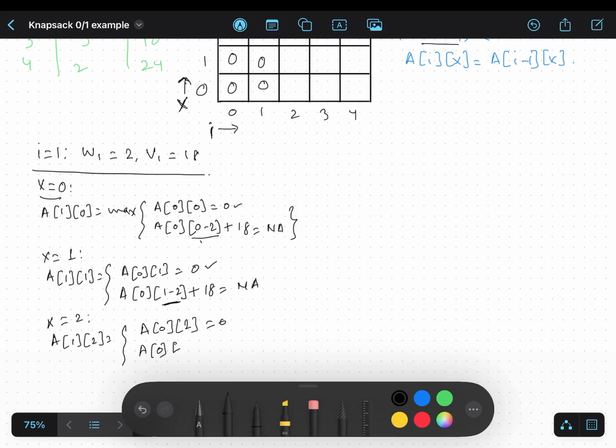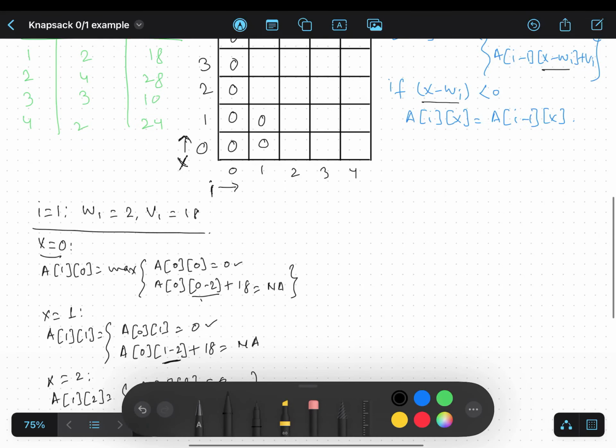X is 2 and W1 is 2. 2 minus 2 is 0. A(0, 0) plus 18, which is V1, is equal to 18. So we get the maximum of this, and A(1, 2) is 18.